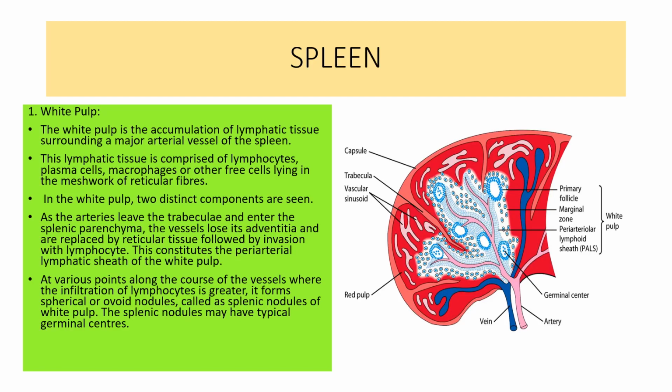At various points along the course of the vessel, where the infiltration of lymphocytes is greater, it forms spherical or ovoid nodules called the splenic nodules of the white pulp. The splenic nodules may have a special germinal center rich in lymphocytes.